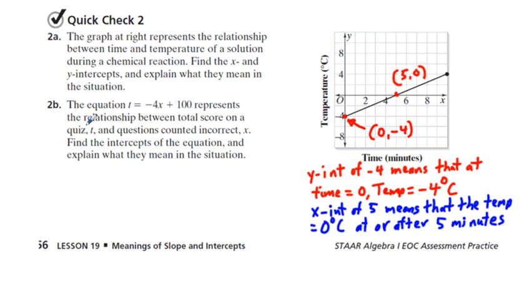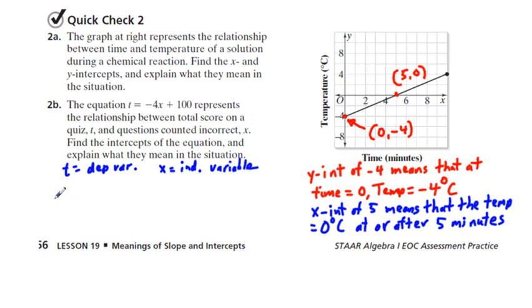All right, 2b, the equation t equals -4x plus 100 represents the relationship between total score on the quiz t, and the questions counted incorrect x. And so t is going to be our dependent variable, and then x is going to be our independent variable. Okay, find the intercepts.